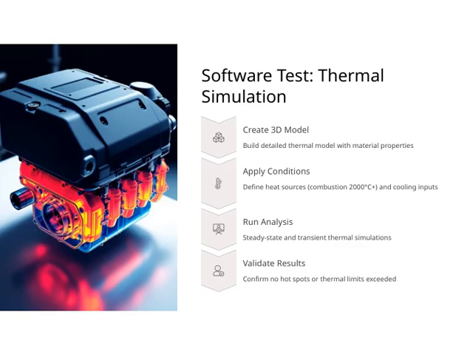With everything set, we run the analysis, which can be either steady state, to see the final temperature distribution, or transient, to observe how temperatures change over time. Finally, we validate the results by checking for hot spots or any thermal limits being exceeded, confirming that our design maintains safe and efficient thermal performance. This process is crucial for optimizing thermal management in the overall system.